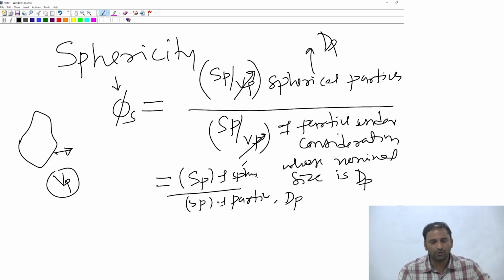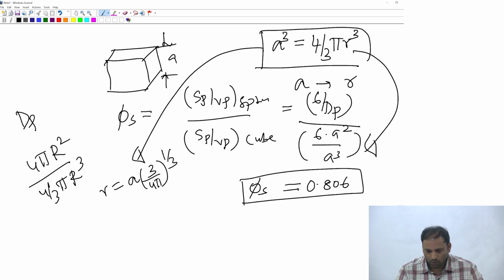But of course when you want to get the equivalent diameter, you have to equate the volumes: volume of the sphere is equal to the volume of the particle under consideration. You get the nominal size of the sphere, and you have to use that for your calculation. Now, this number that we got, 0.806, does it make sense for you?